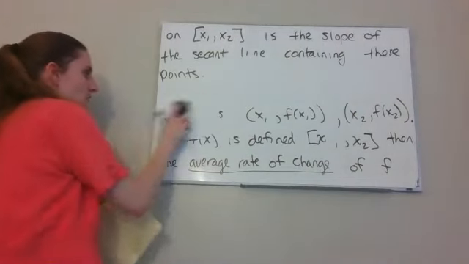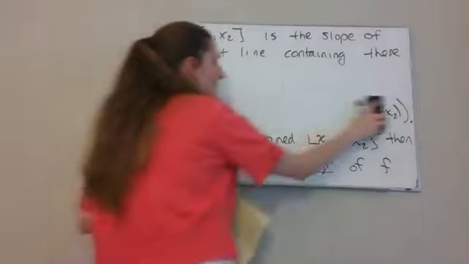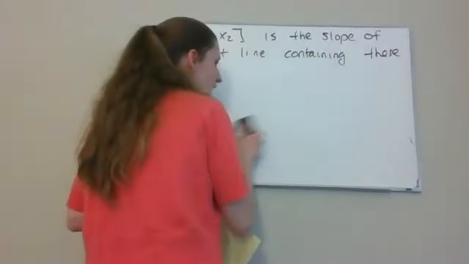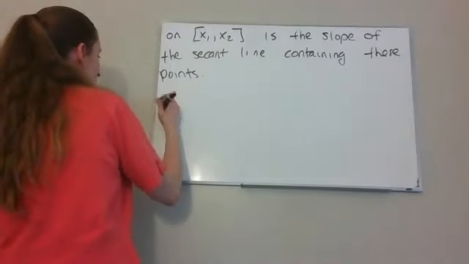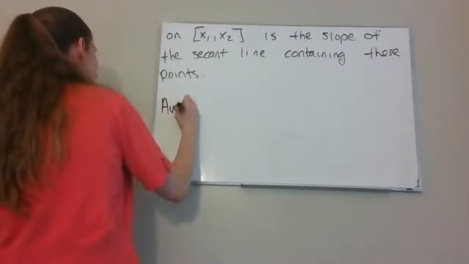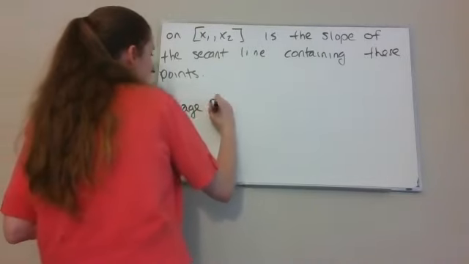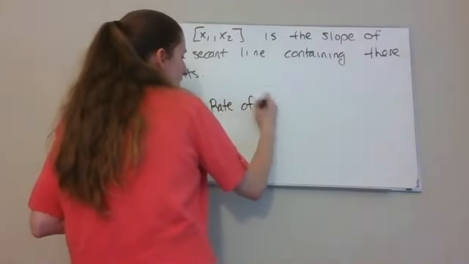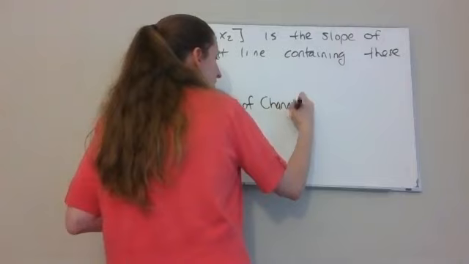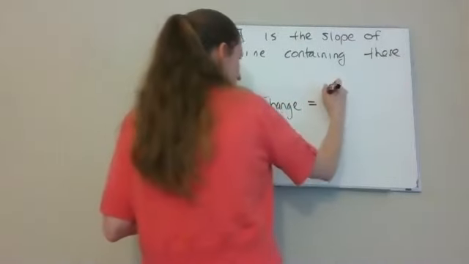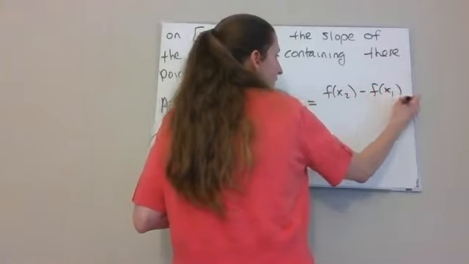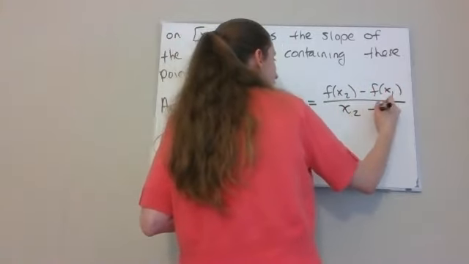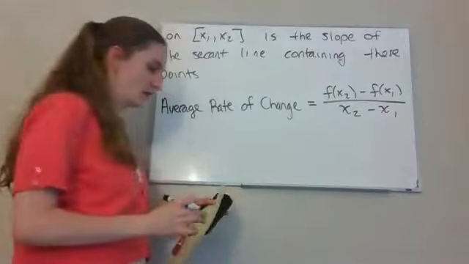So what this means, using our slope formula, we have that the average rate of change is equal to f of x2 minus f of x1 over x2 minus x1.